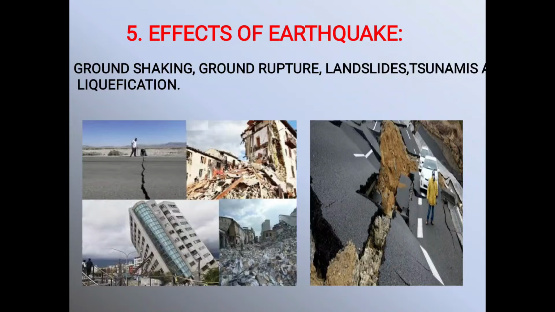Second effect, if these cracks develop in hilly areas or mountainous areas, they result in landslides which may block the river courses, and if these river courses are blocked, temporary lakes may be formed in that particular region because of all the debris which is collected over there. Because of this debris accumulation, a lake may form.